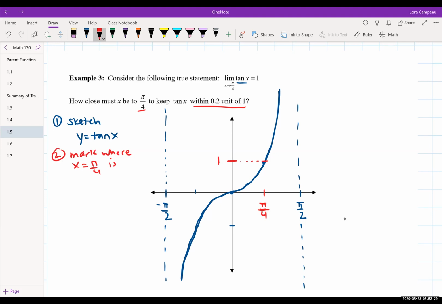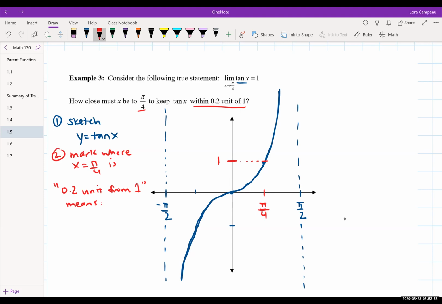So we're going to start with the y-axis. 0.2, maybe I'll mark it on the left side. Here we go. 0.2 units away from 1 means, let's go back to what we did earlier.